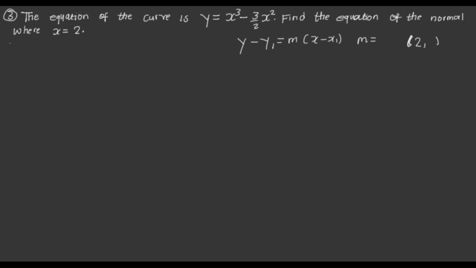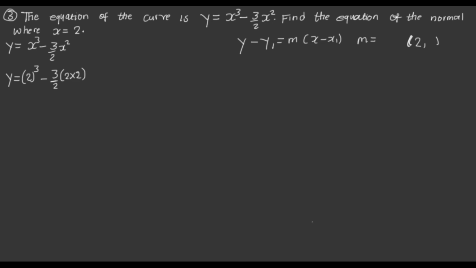So let's write our equation for the curve. y is equal to x to the third minus 3 over 2 x squared. So we'll substitute where there is x with 2. So 2 raised to the power 3 minus 3 over 2 times 2 times 2, since we have x raised to the power 2.